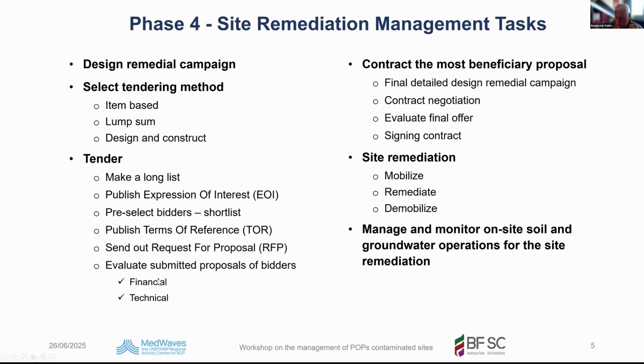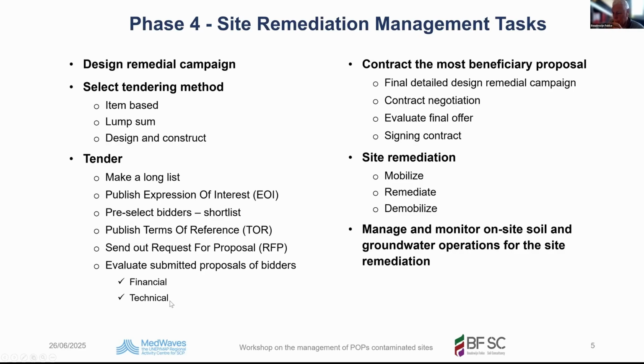Then you get the proposals from the bidders, you evaluate them, but you do not only look at the financial, but also technical. And you make a scoring for financial and a scoring for technical. And please don't take only the cheapest one. Make your decision for the selected bidder based on technical evaluation and financial evaluation.